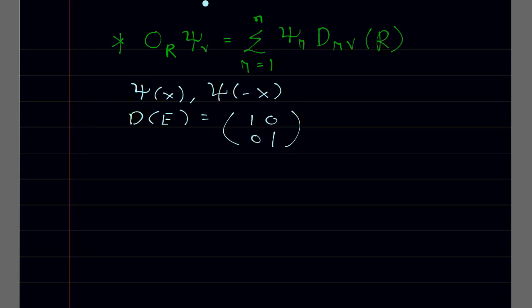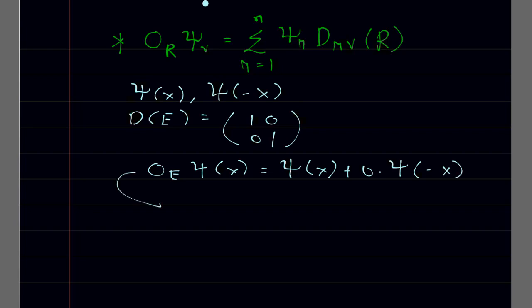How were we able to derive this? We saw the action of the operator on the function, and it turns out to be this. But I can write this using the matrix here.